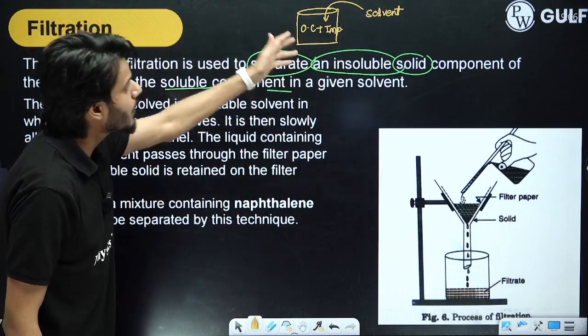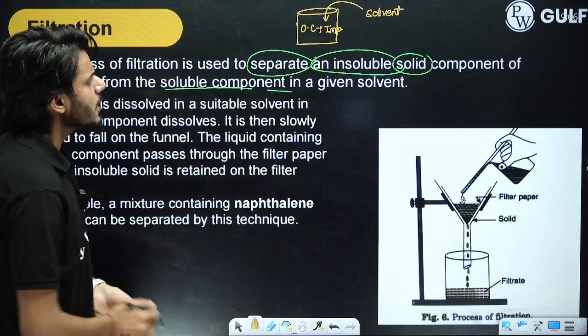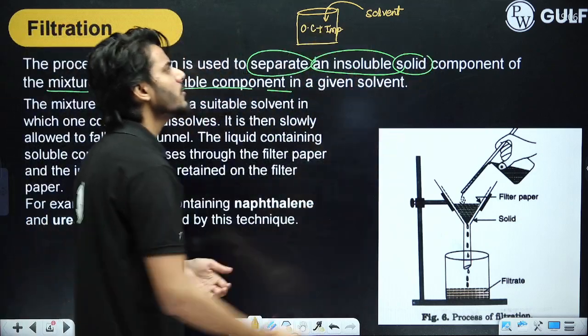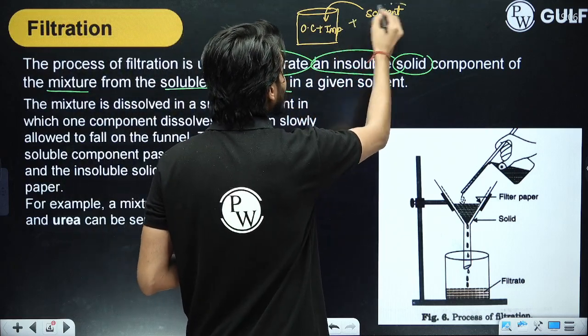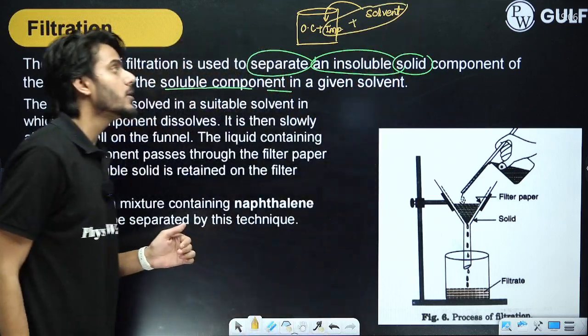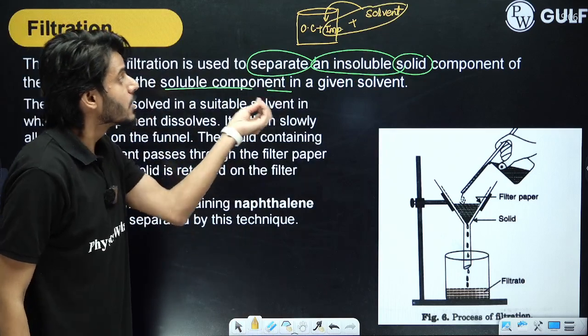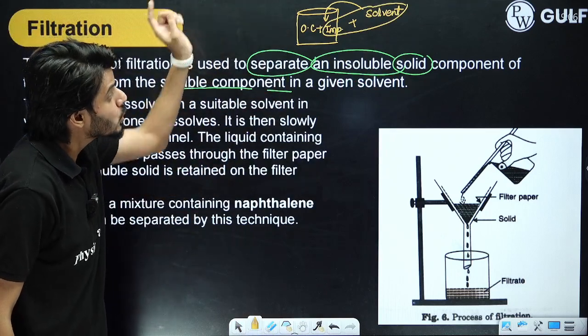If the impurities are completely soluble in this solvent, then you will have a solution of impurity plus solvent, but your organic compound remains as a solid at the bottom of the beaker, and then you will use filtration.